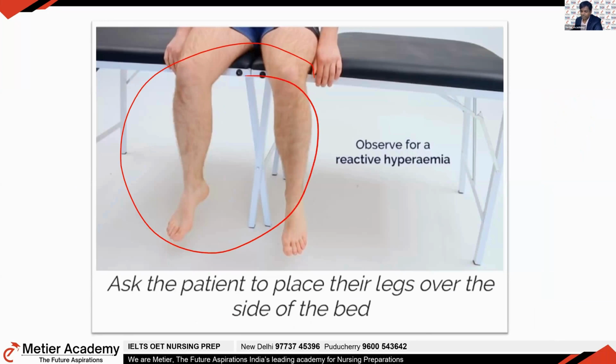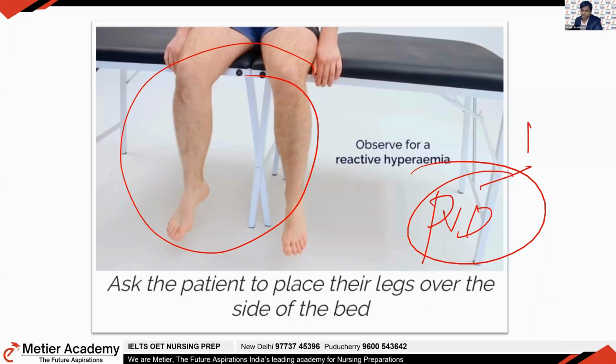So they will see the pattern of filling. Buerger-Allen exercise is used for peripheral vascular disease, a special exercise for thromboangiitis obliterans, that is Buerger's disease, which we have studied.